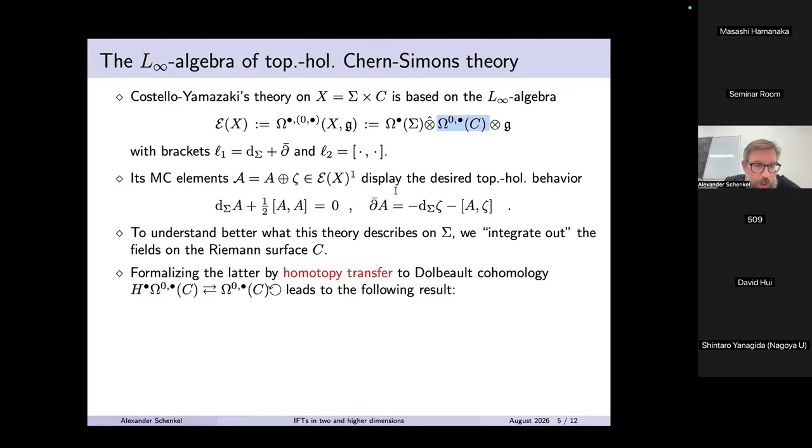Now, the cohomology of the Dolbeault complex, I write as H bullet here. You can link that cohomology of the Dolbeault complex to the Dolbeault complex itself with a strong deformation retract.